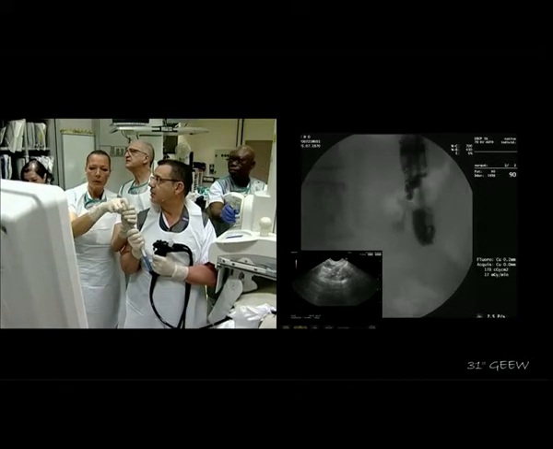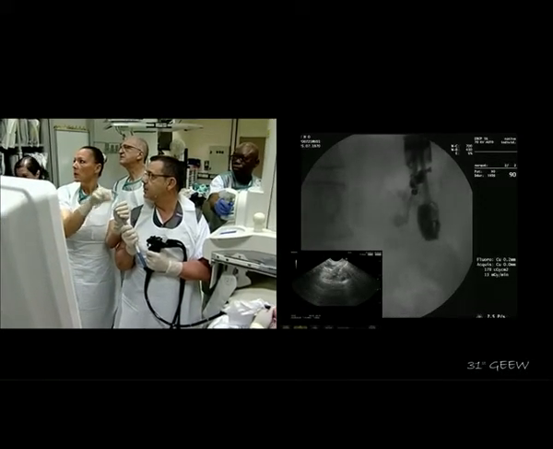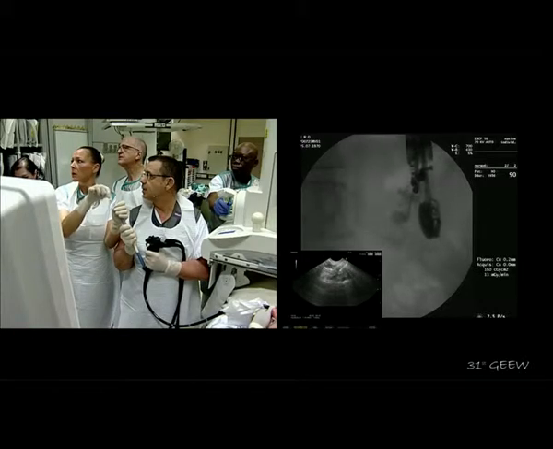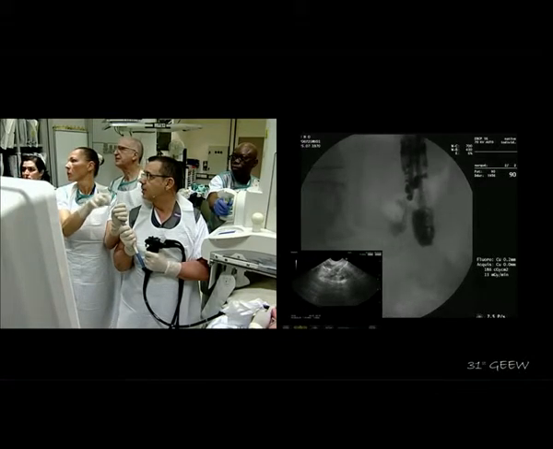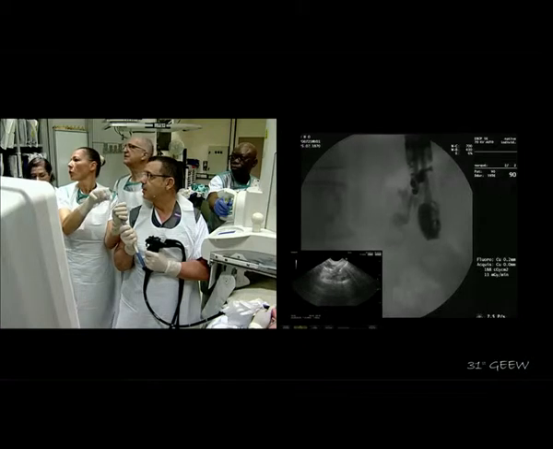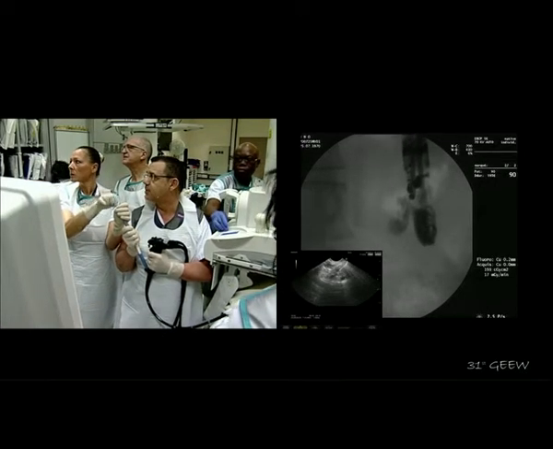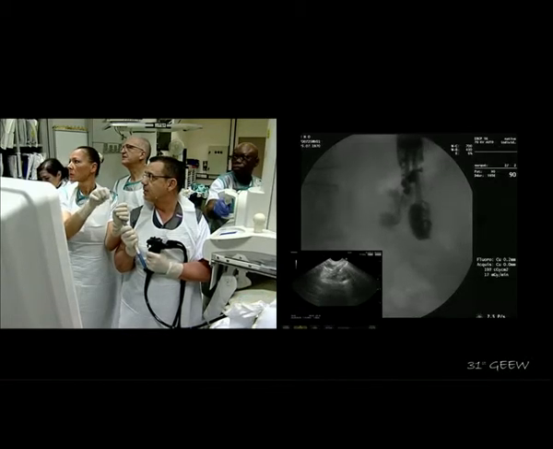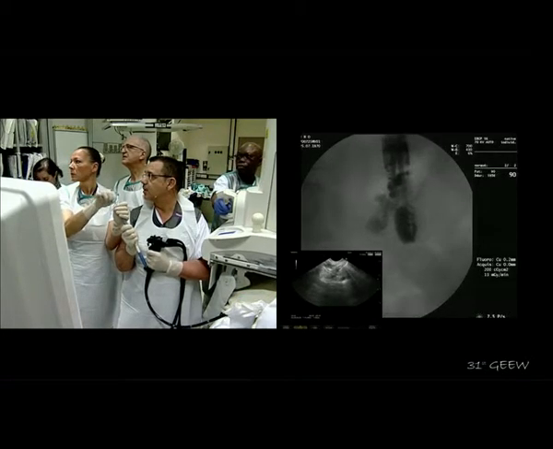Don't inject more. But then there is also a leak, some vascular image. Yes, but this is not a big problem. This will stop probably.